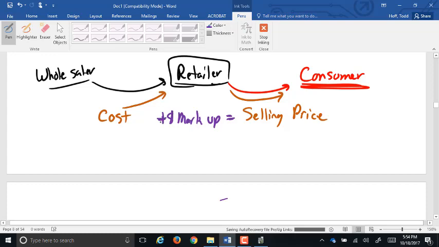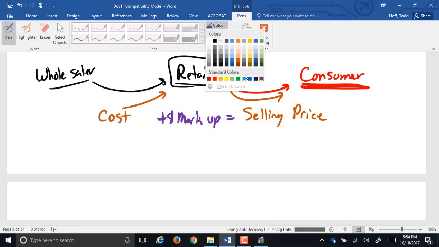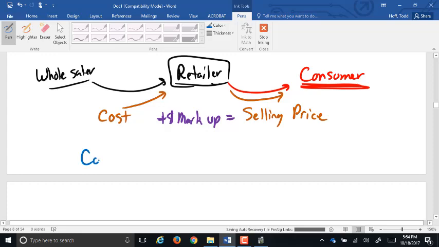Notice I put in there a little plus sign. The general formula that governs this section is cost plus markup equals selling price.